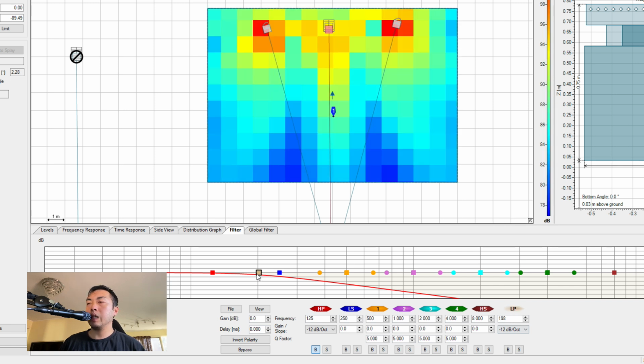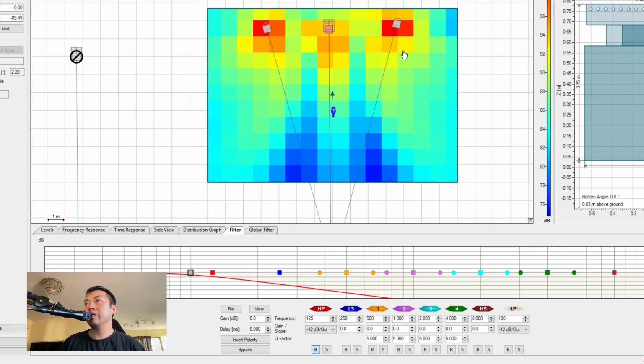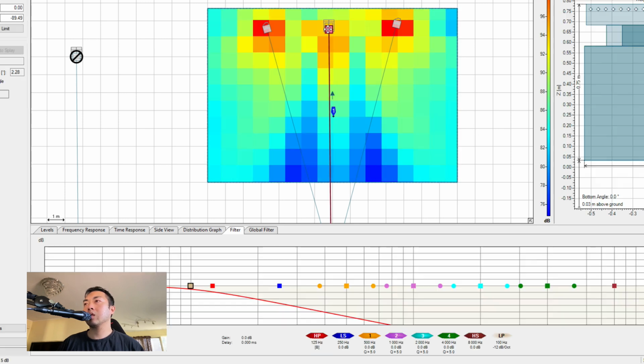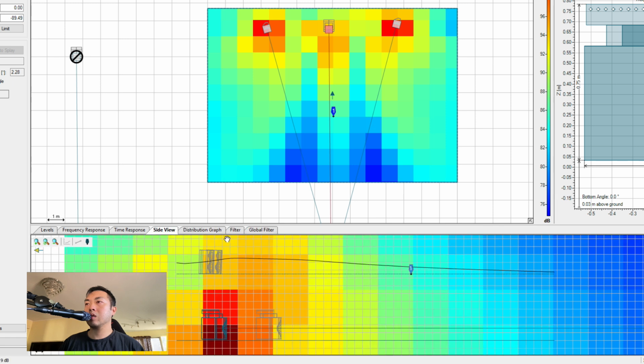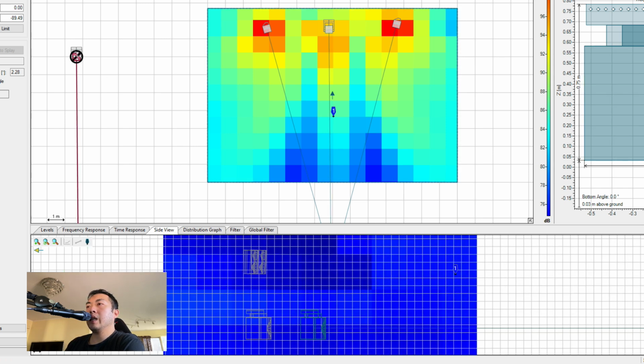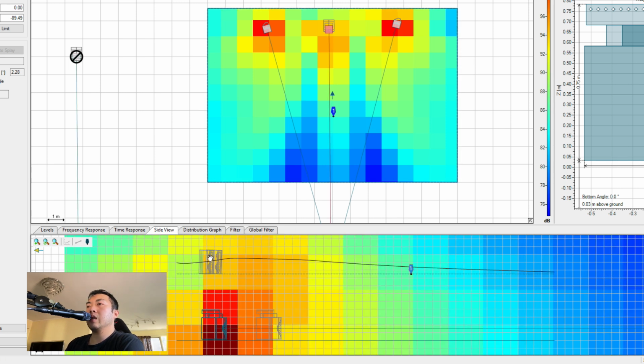So what's going to happen here right now is we should have, there you go. So in the side view, you can see that the sub is putting out all the bass, and the other speakers are not.